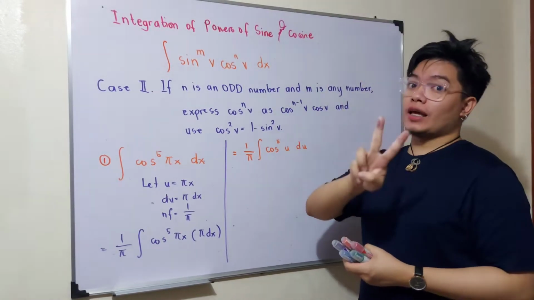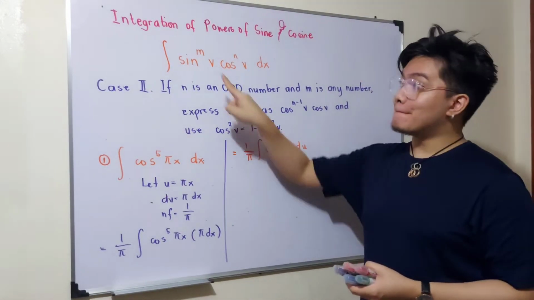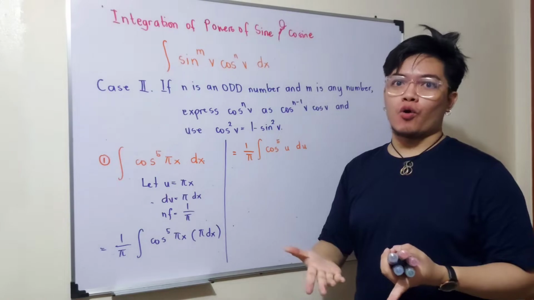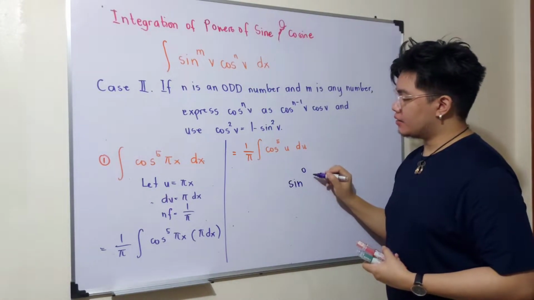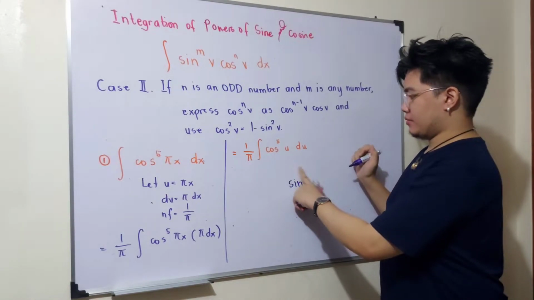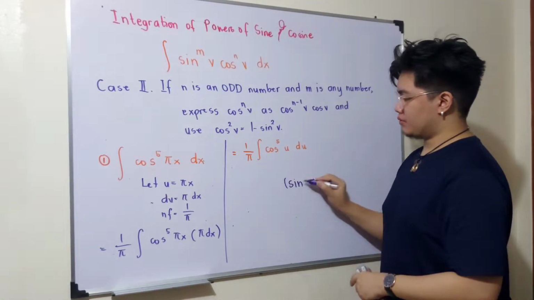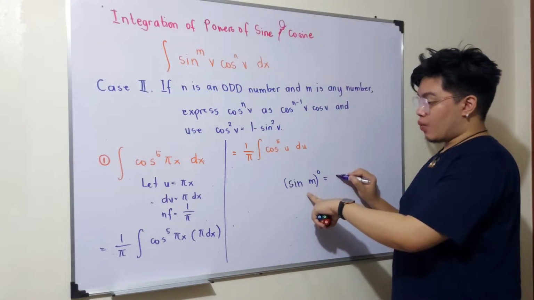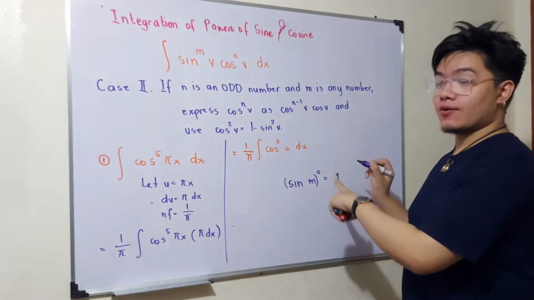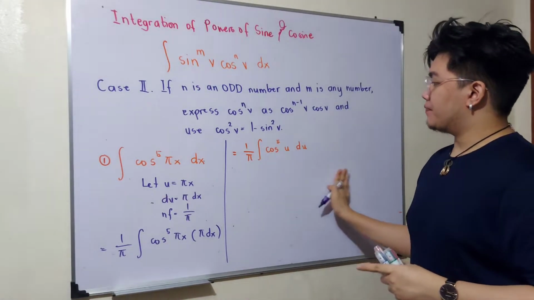So, dito, this one falls on the case 2 where m is equal to 0. Kasi diba, pag ganito, sine, so, ito ay 1. Raised to 0. Okay.